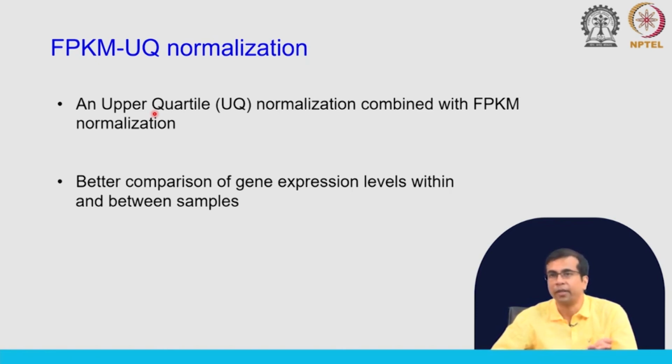And this has been done for many data sets. You will find many public data sets where the count data that is given is sometimes referred to as FPKM-UQ data. Once you see this kind of data, you will understand what has happened: the first normalization was FPKM, then there was a UQ normalization.